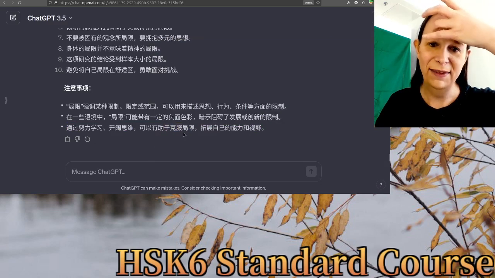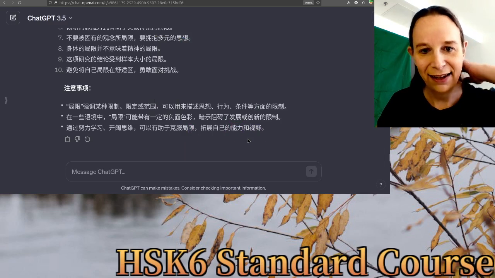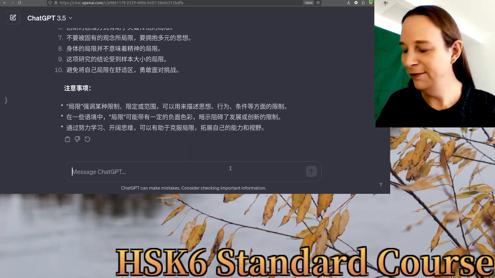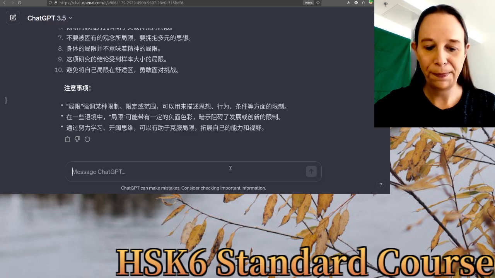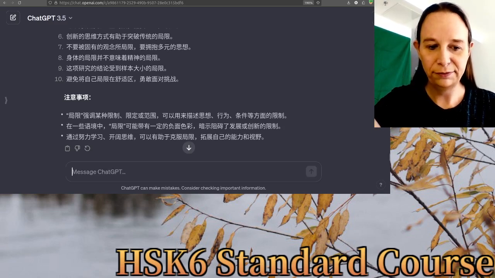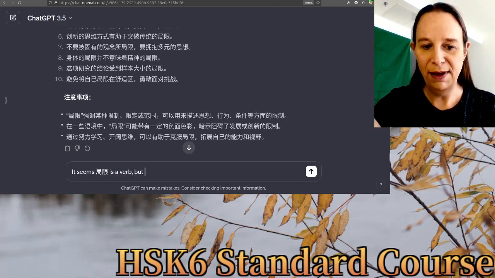You can overcome these limitations and expand your capabilities and field of vision. All right. 局限. It seems 局限 is a verb but also functions as a noun.